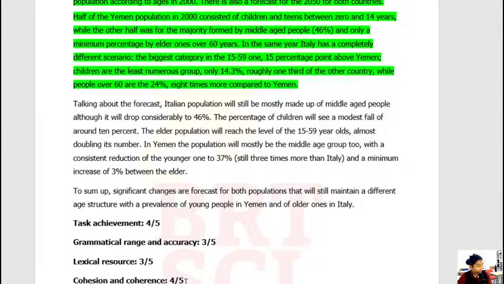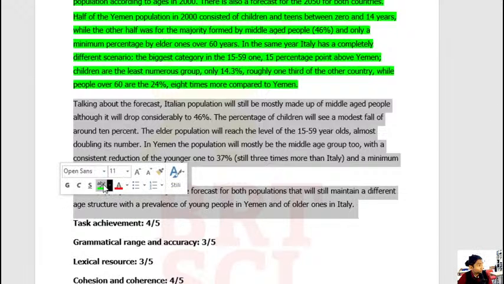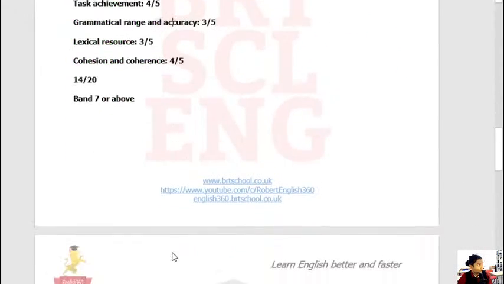This is where all the chickens come to roost. 4 plus 4, 8 plus 14. 14 out of 20. If she were considering it as a band, it would be a band 7 or above. That's it. So all the rest is done. Let's put it green and let's move on.